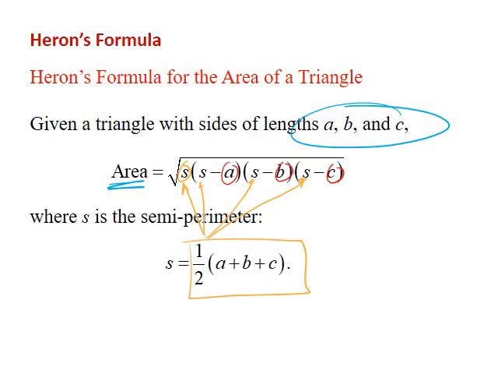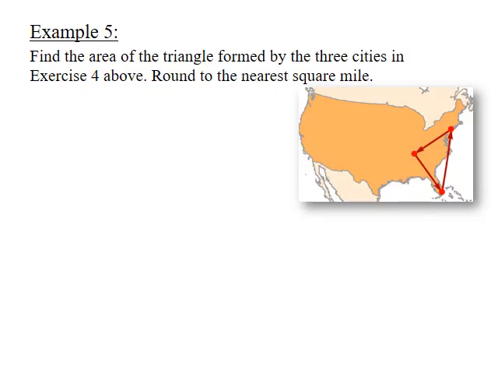So our first example of this says find the area of the triangle formed by the three cities in this exercise. So recall that we had, this was 759, this was 816, and this was 1093.